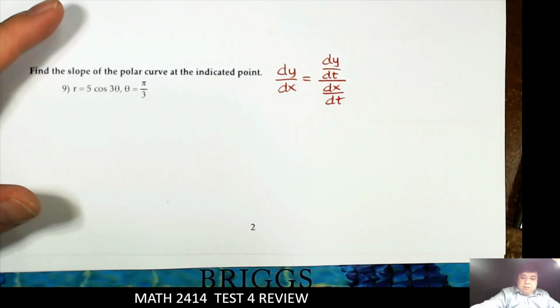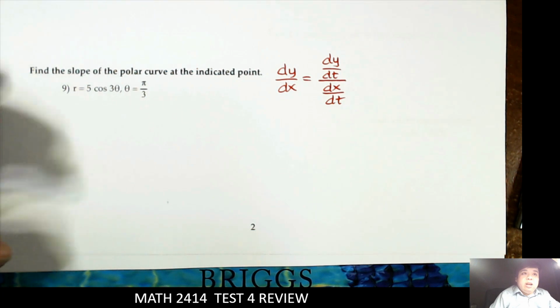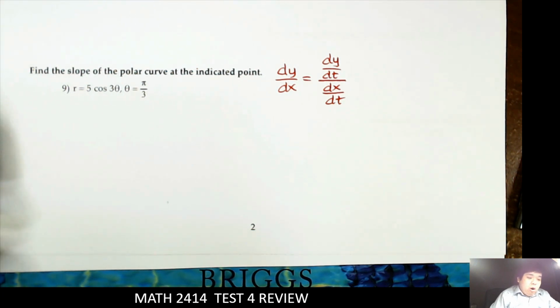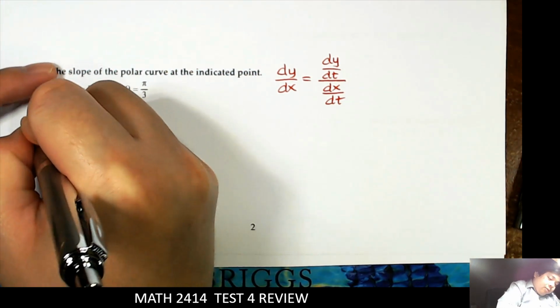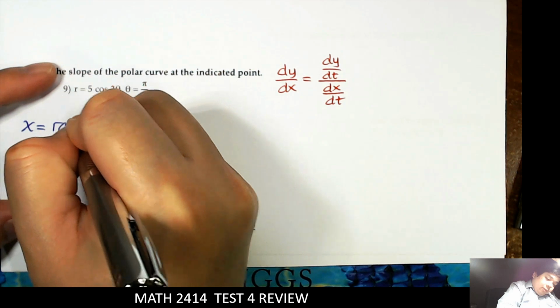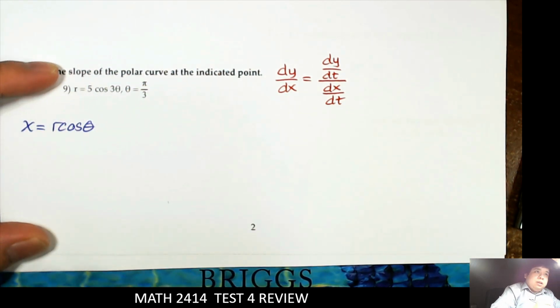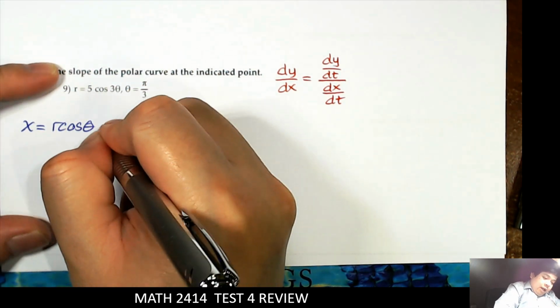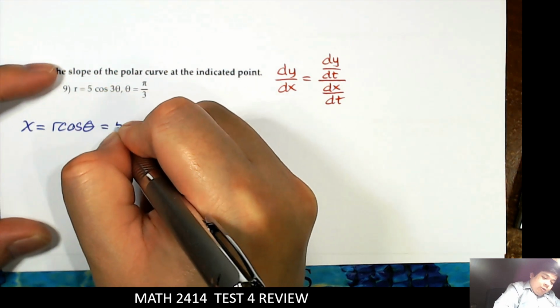The only thing different here is we have r and theta. In particular, we have x equal to r cosine theta, and r is 5 cosine 3 theta.